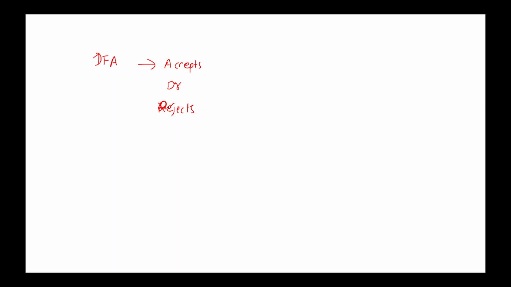But how can you say whether the DFA model accepted the string or not? That can be explained by the states themselves. I have mentioned something called a final state, right? And this final state is represented by a double circle.